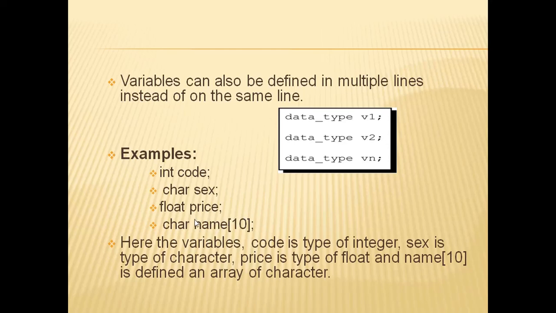This array holds a total of 10 characters, from index 0 to index 9. This type of declaration is called multiple line declarations. Variables are declared in multiple lines, and each variable has a different data type: here it is integer, here character, here float, and here character. All have various data types.